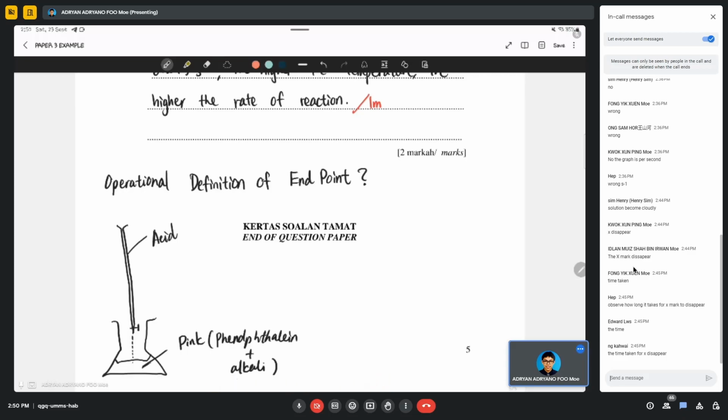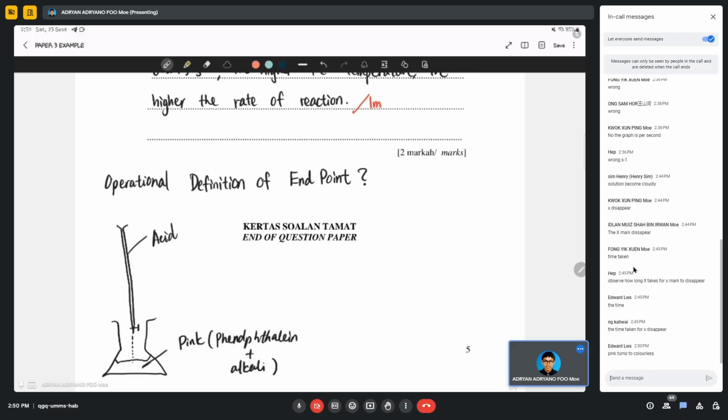So what did you observe at the endpoint? What do you see at the endpoint? The pink color changes to what? Pink turns to colorless. Yes. You have to read back. That's why I said paper 3 has theory. If you don't have theory, you also cannot answer.